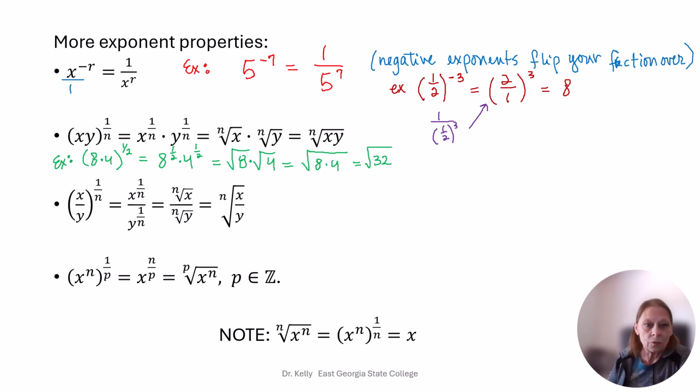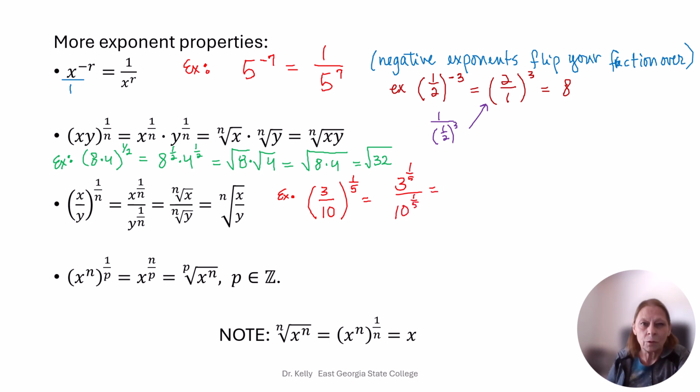And here's another example. We'll do something like 3/10 to the 1/5 power, just for the fun of it. That's going to give us 3 to the 1/5 power over 10 to the 1/5 power.